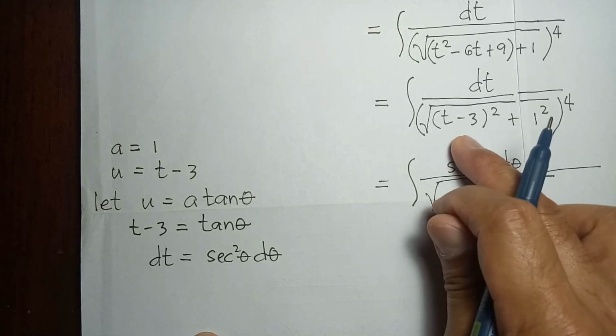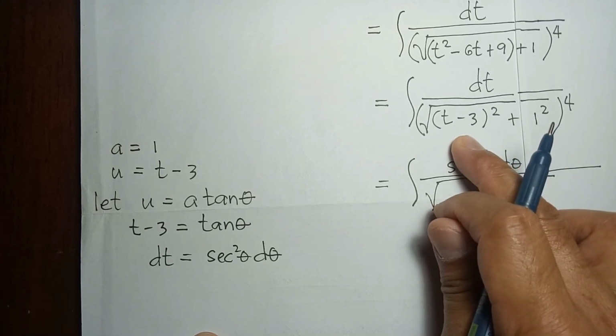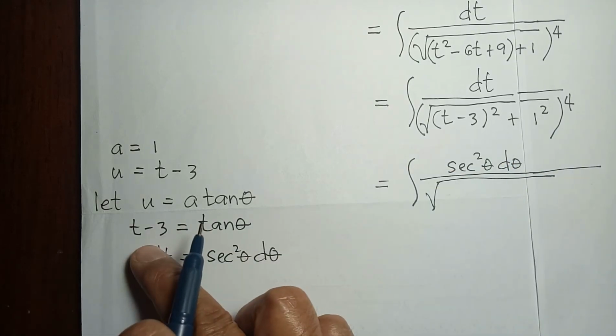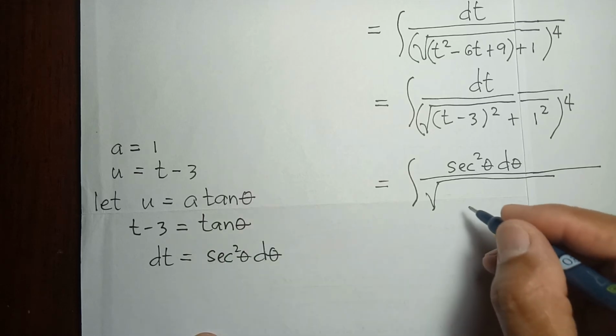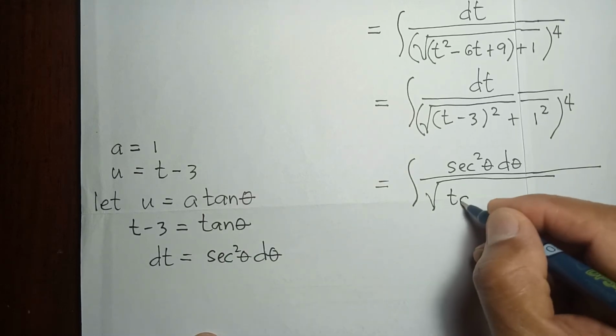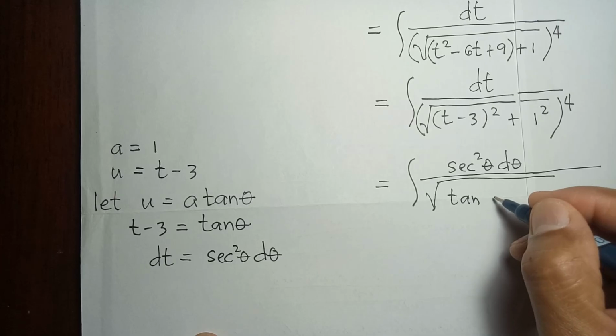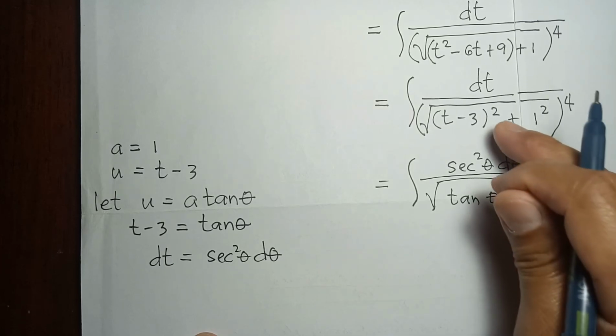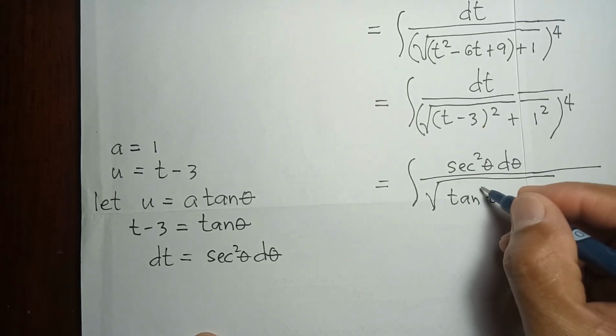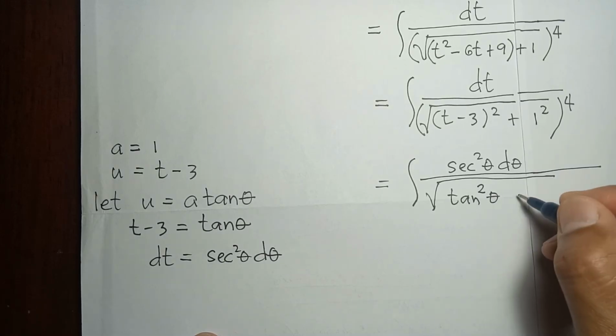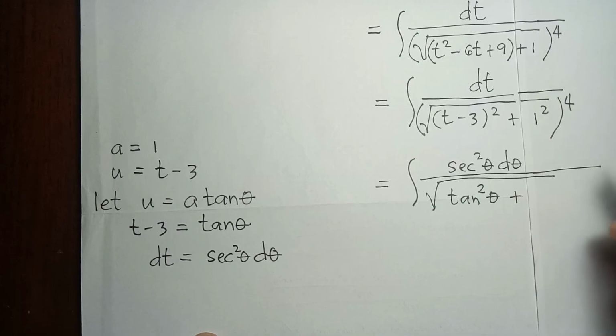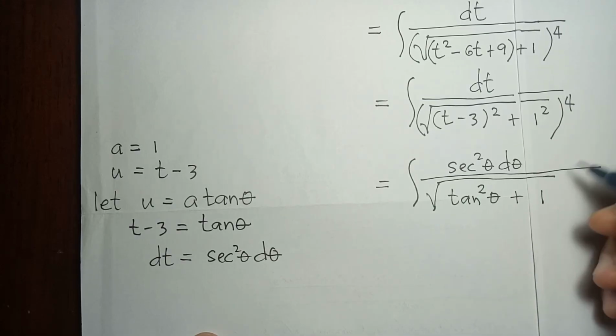Yung t minus 3 ay papalitan natin siya ng tangent of theta, naka-squared siya, kaya magkakaroon tayo ng tangent squared of theta, plus 1 squared ay 1.